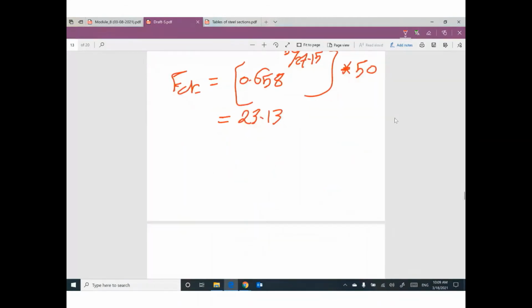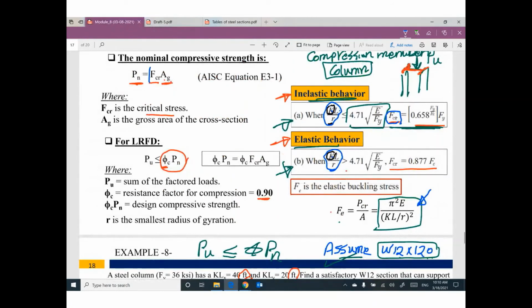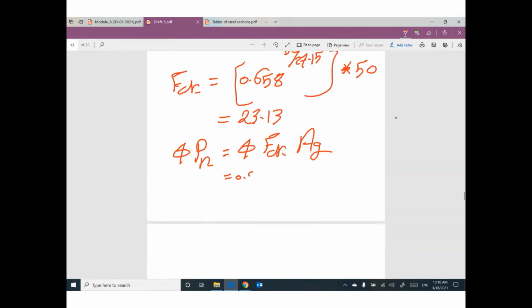So phi Pn equal phi F critical times area gross. This is what we learned before. Pn equal F critical area gross, times phi. Phi equal 0.9. So 0.9 times F critical 23.13.